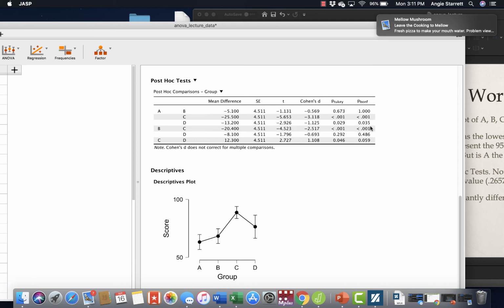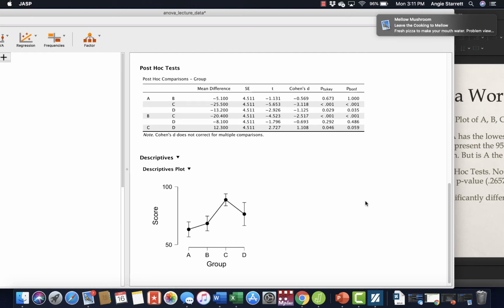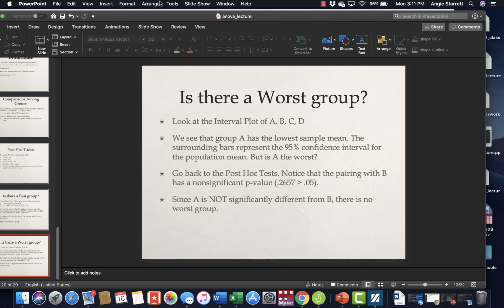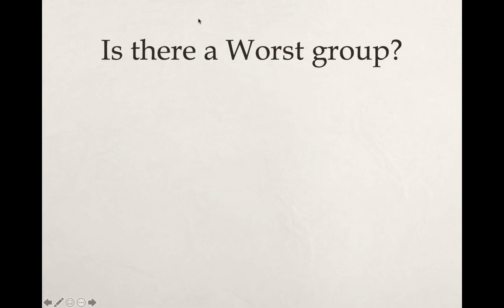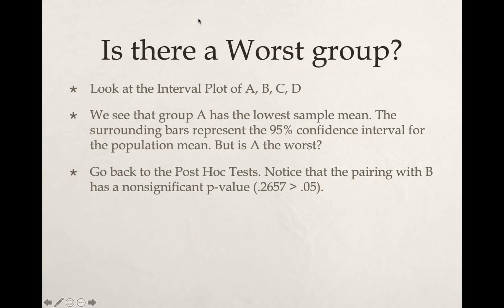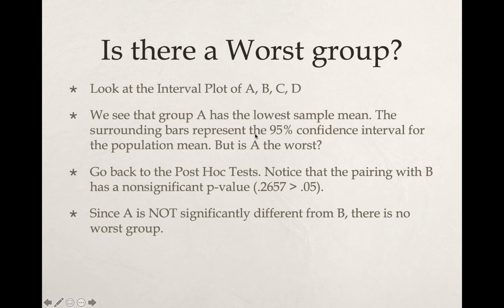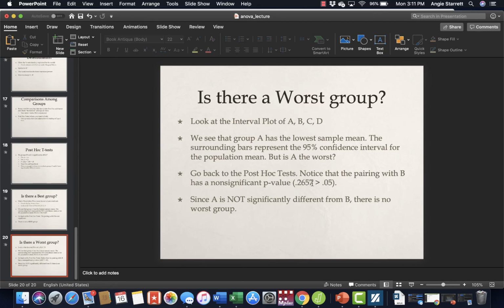But because A and B are not significantly different, there is not a worst group. Right here, that is 1.000 according to Bonferroni.